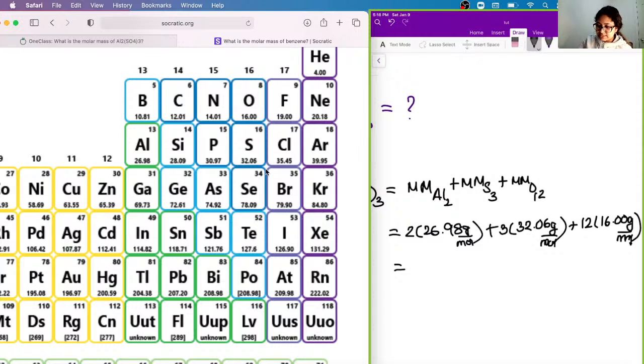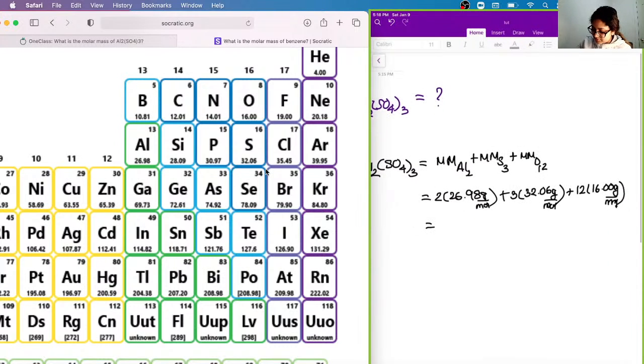And so the last step is to add all of these three numbers together. And what we get, adding this all up, is 342.132.